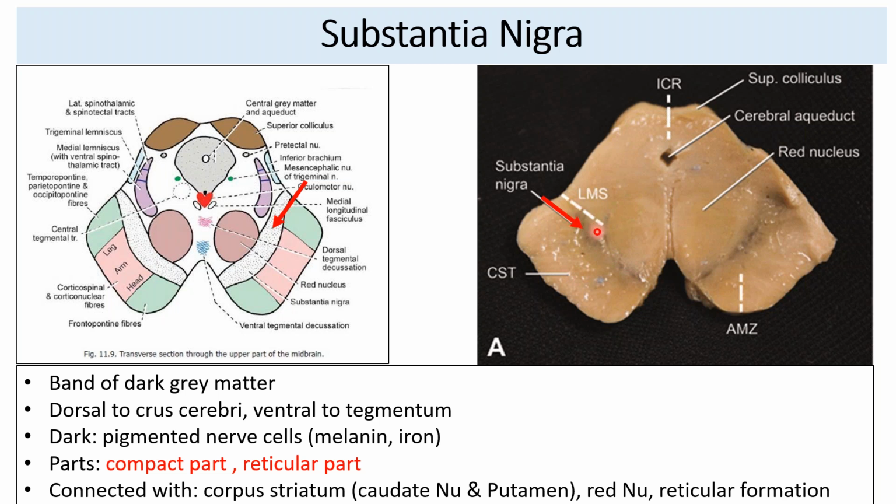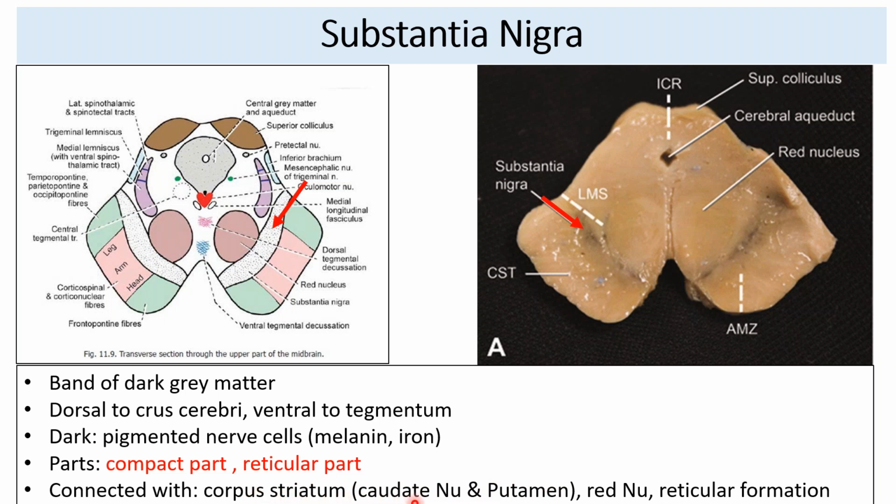Why is it pigmented darker? Because of the presence of pigmented nerve cells containing melanin and iron pigments. The substantia nigra has two components, a compact part and a reticular part. The important connections of the substantia nigra are to the corpus striatum, which is the caudate nucleus and putamen. You will do this later at the end of the neuroanatomy lectures.